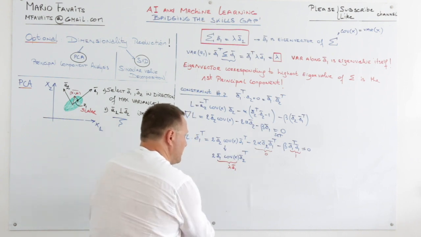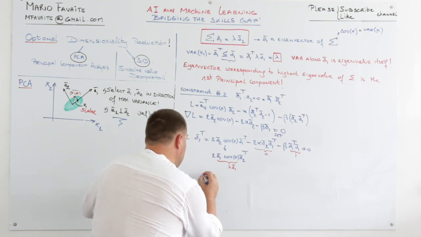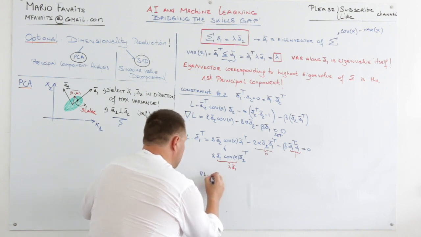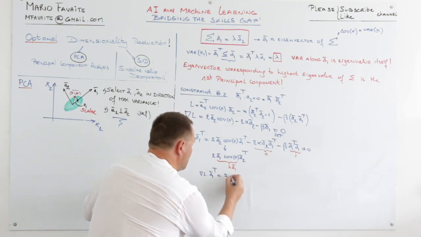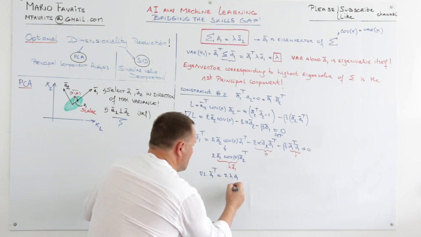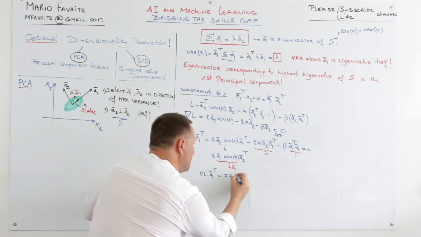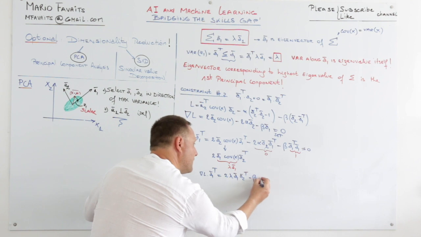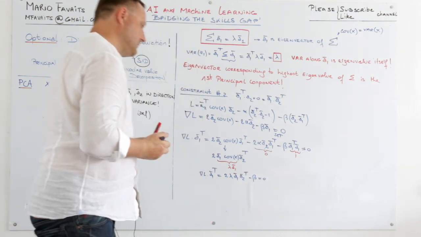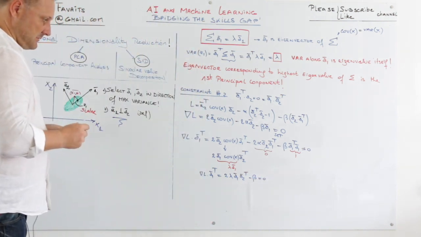So that means that Lagrangian times A1 transpose equals 2 lambda A1, 2 lambda A1 times A2 transpose minus beta must be 0.